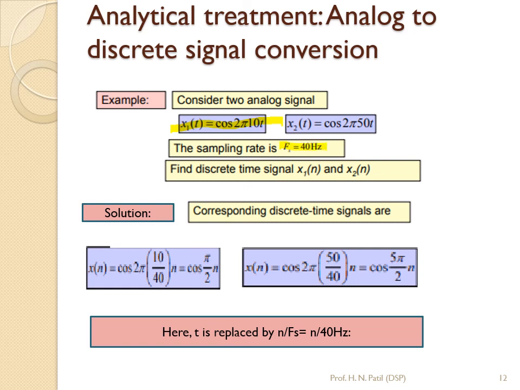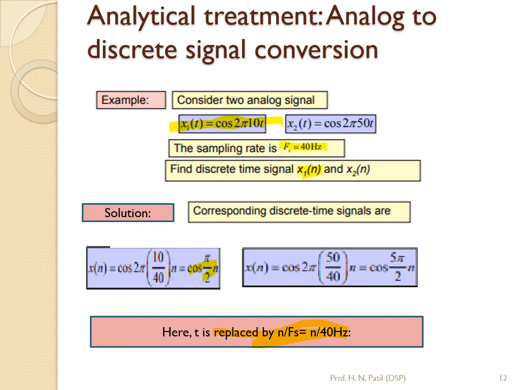As fs is equal to 40 Hz, t becomes n/40. So the time domain parameter t is replaced by n/fs, and we get cos(πn/2).